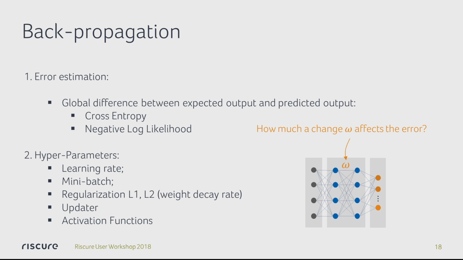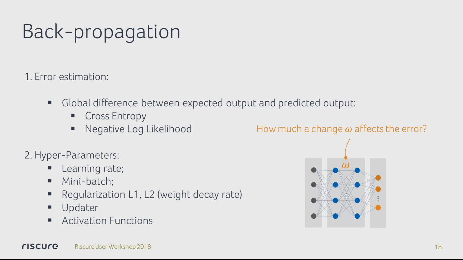Who does this procedure is the back-propagation that I spoke about before. The back-propagation gets the error from your classification, and it updates the internal parameters of your network based on this error, and also based on the many hyperparameters that you define.